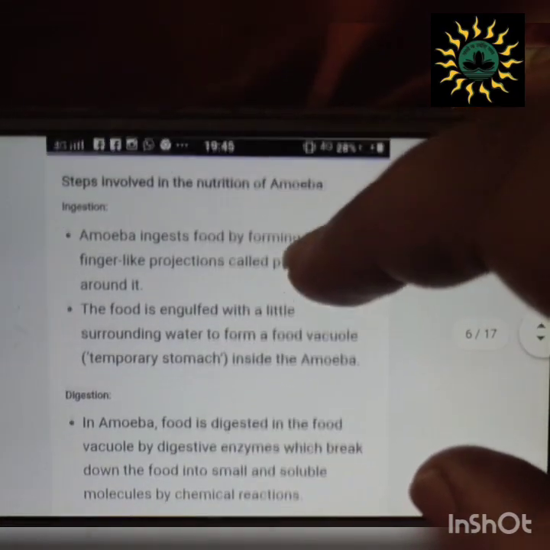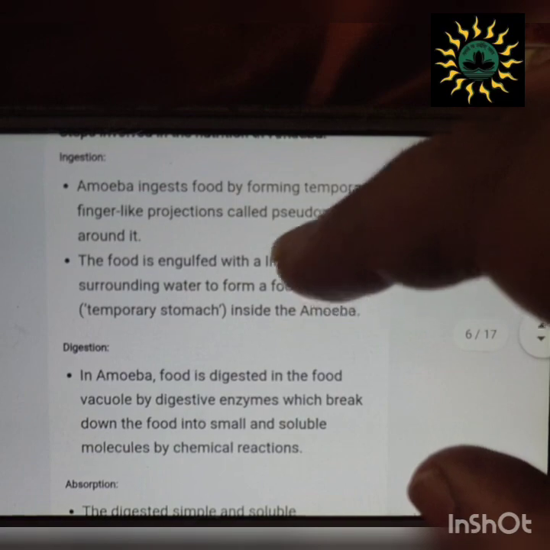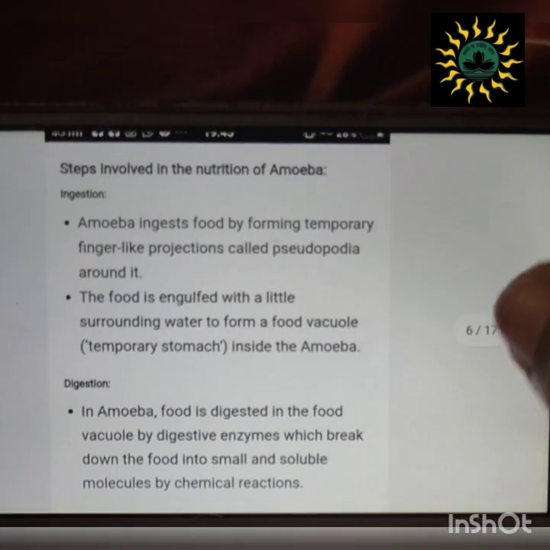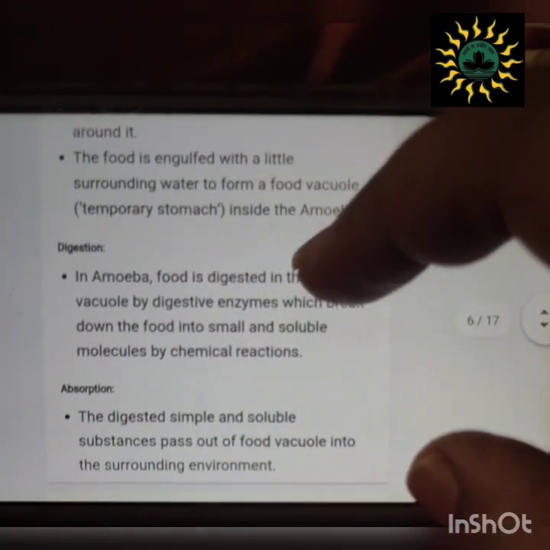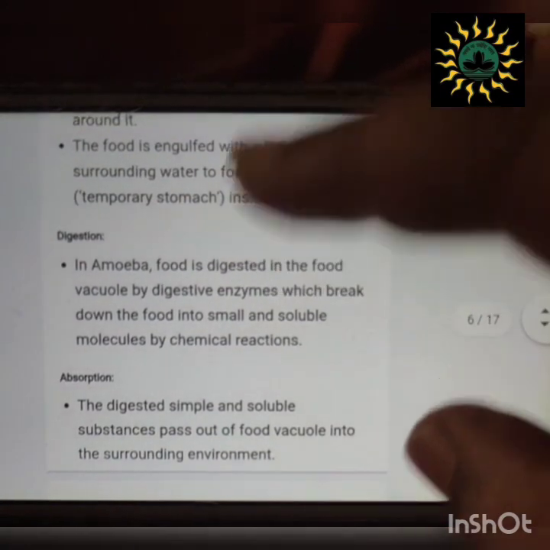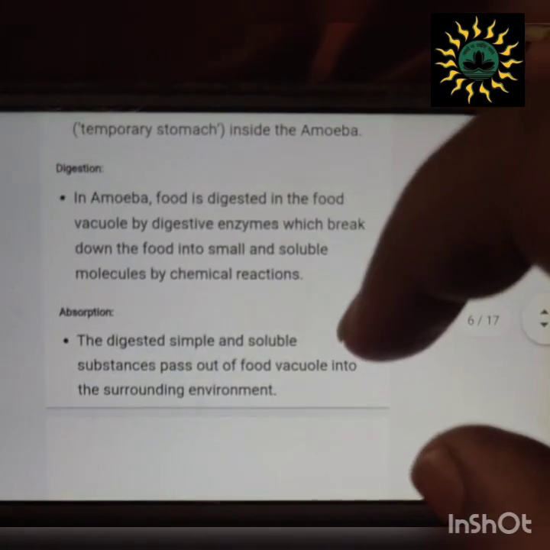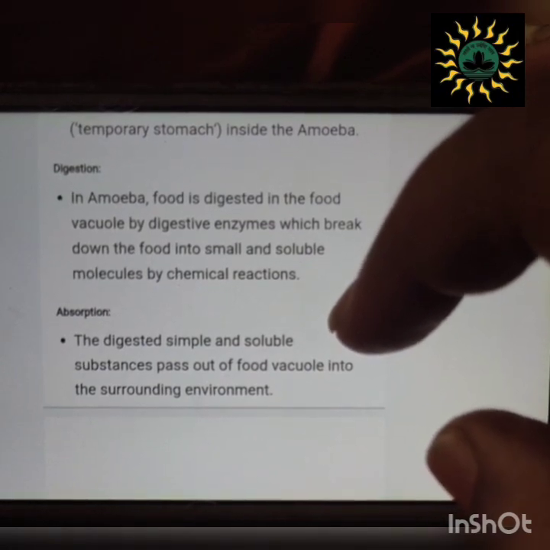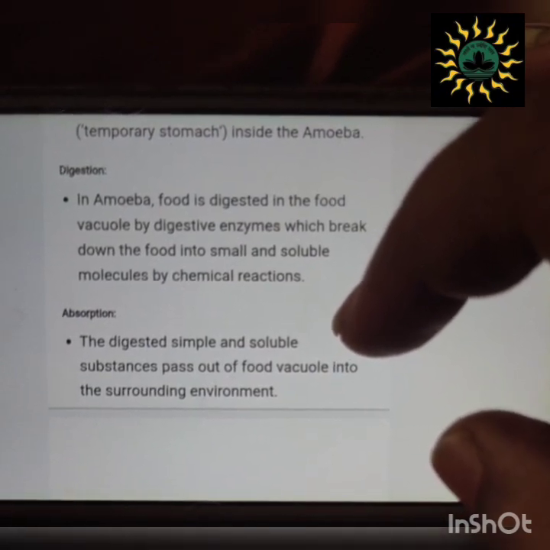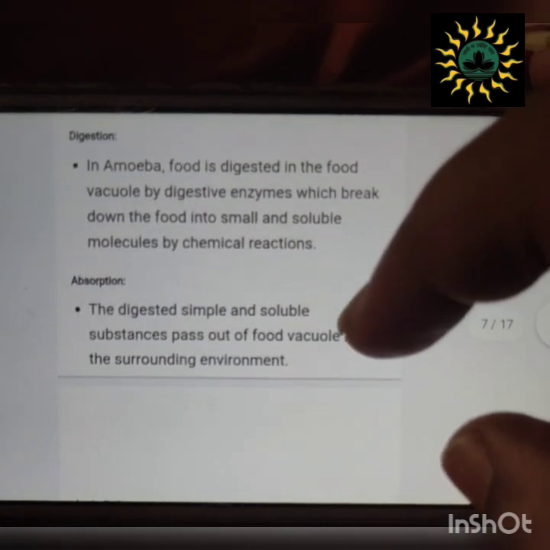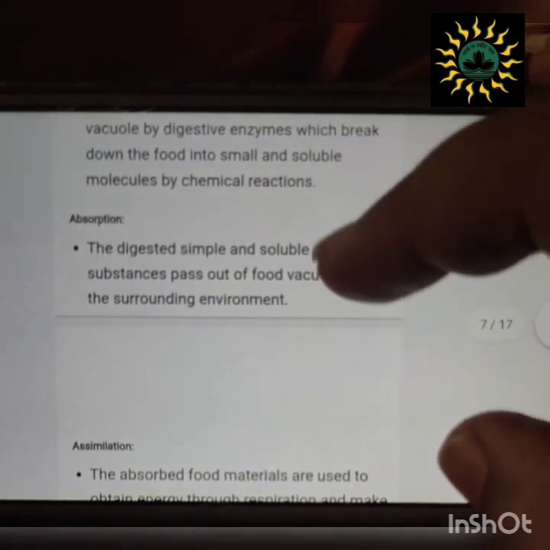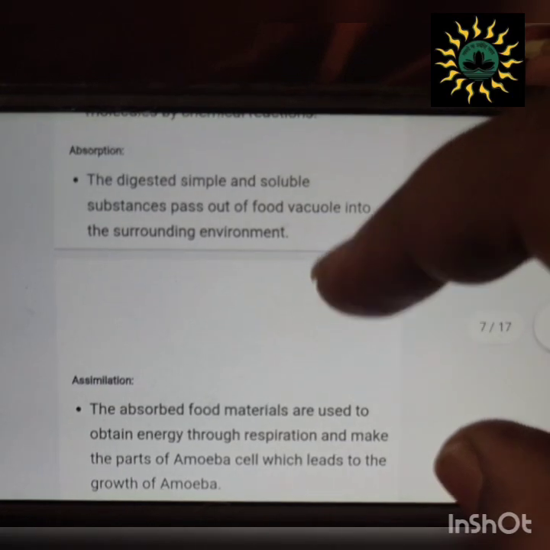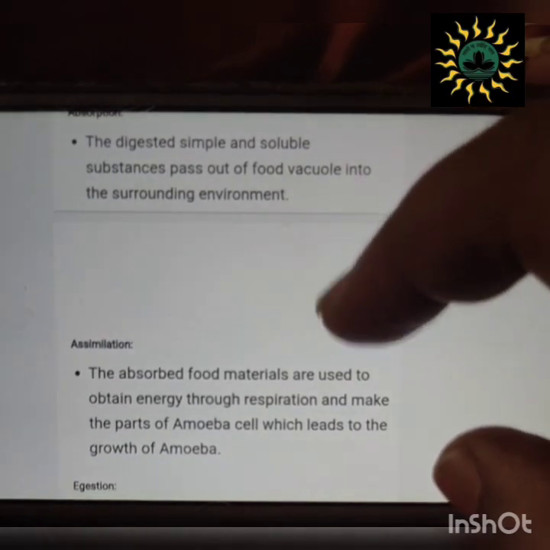So this is how ingestion takes place in amoeba by the help of pseudopodia, followed by the food vacuole, which is called their temporary stomach, and then digestion takes place by means of digestive enzymes that are present in the food vacuole, which breaks the food into soluble chemicals, and finally absorption takes place because it has become soluble molecules.